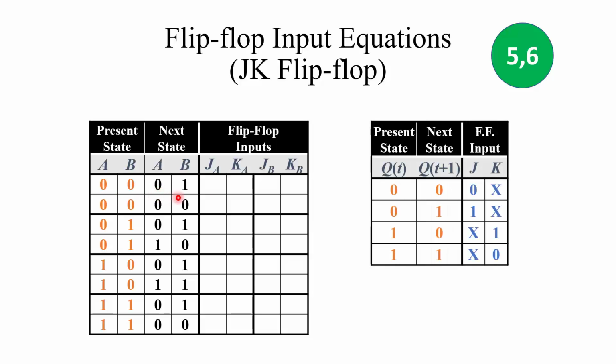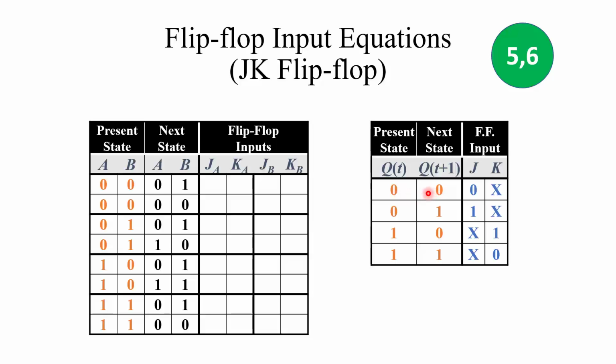उसके लिए हम consider करते हैं the excitation table of a JK flip-flop जो कि आपने last lecture में देखा है. Just a brief review of this excitation table, starting with the first state transition which is 0 to 0.